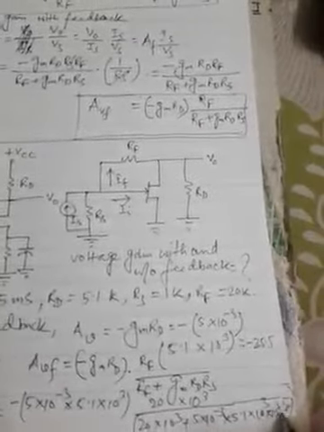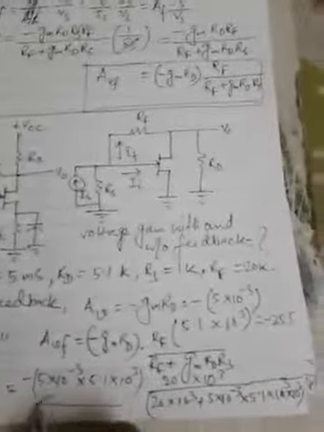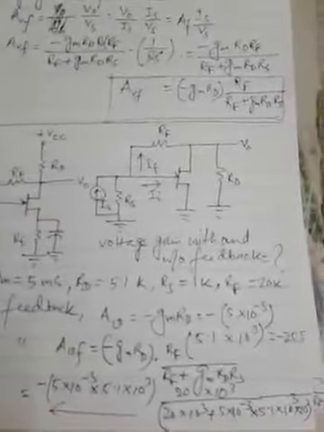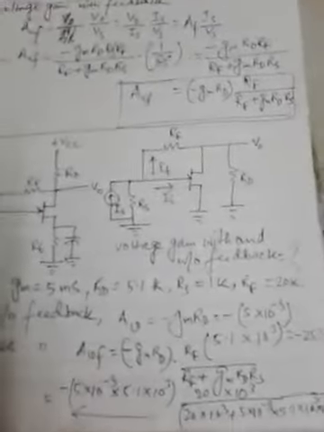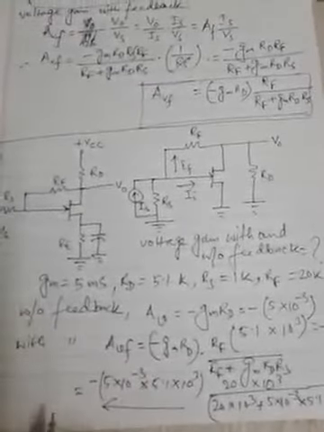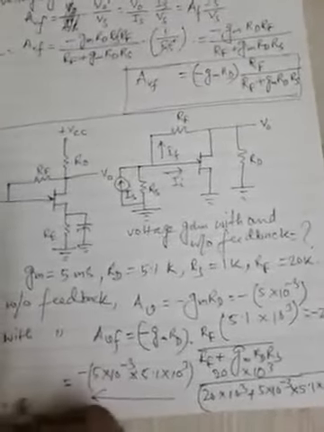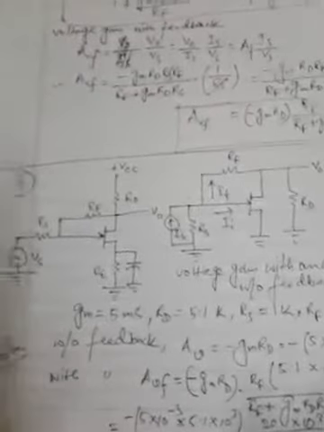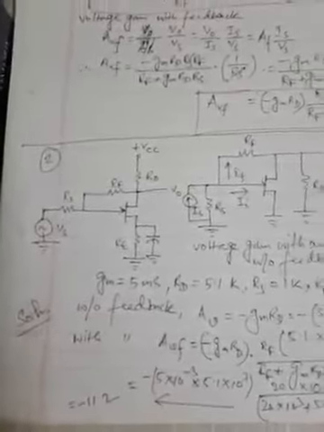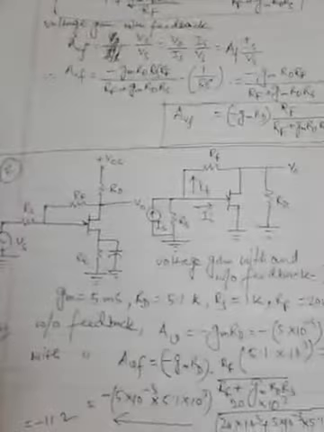So if we now calculate this one, we should be getting the value which is minus 11.2. So this is the gain. Putting all the values after calculations, this is the answer.